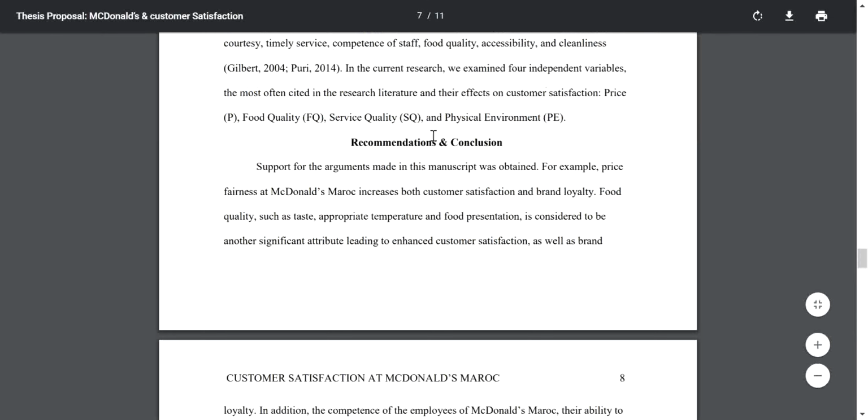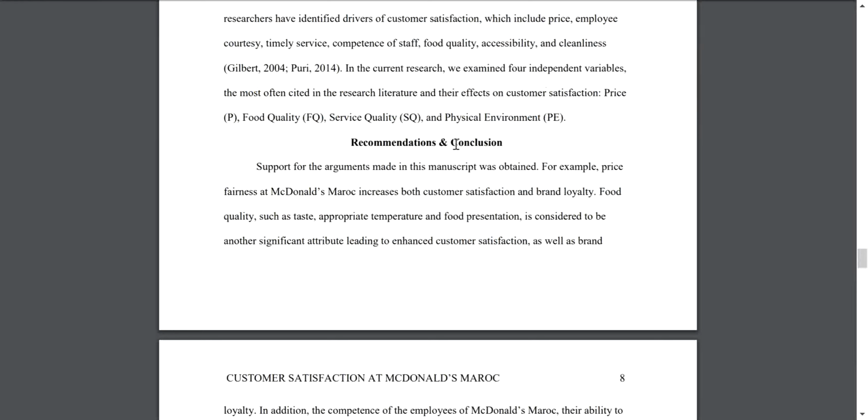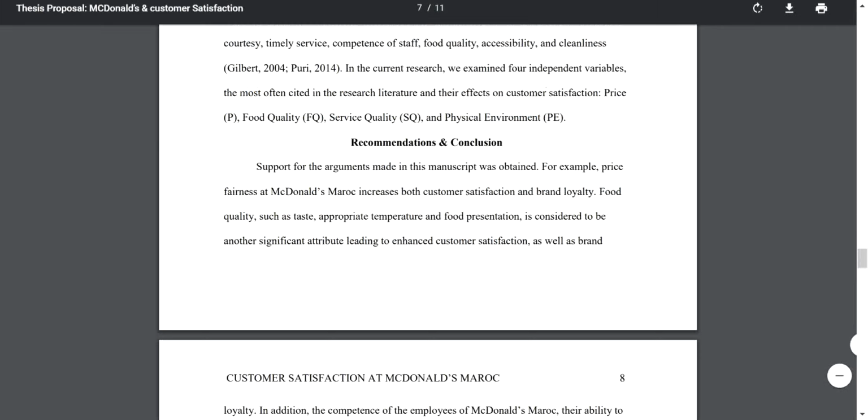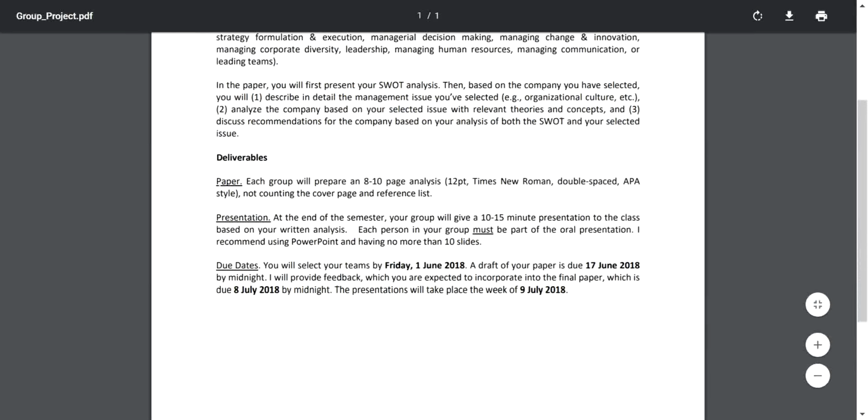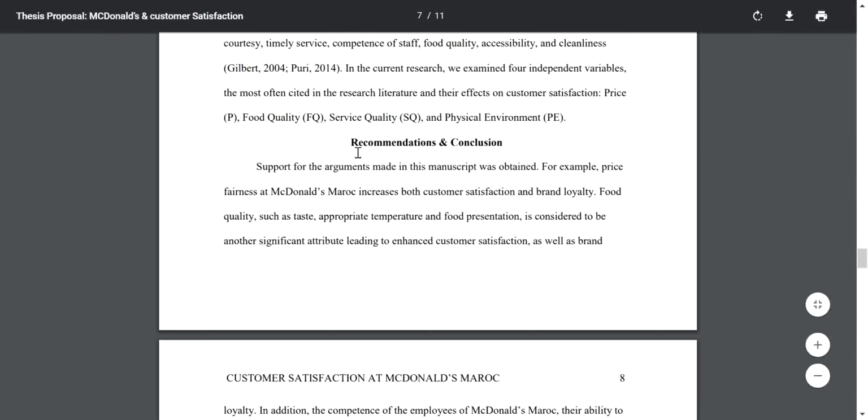Another thing that I changed just so that you would see exactly how this paper aligns with the group project assignment information sheet. All right. So 1, 2, 3, and 1, 2, 3, and here's 3. All right. So recommendations and conclusions.